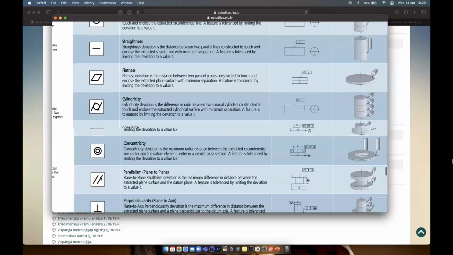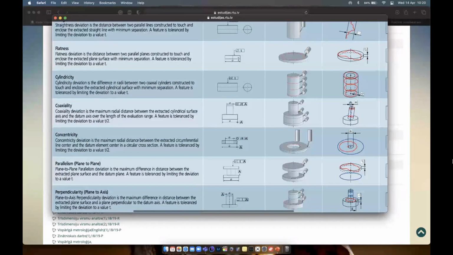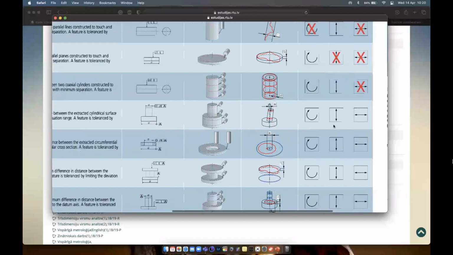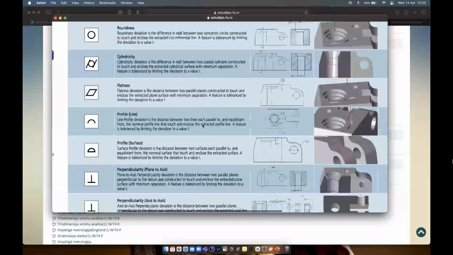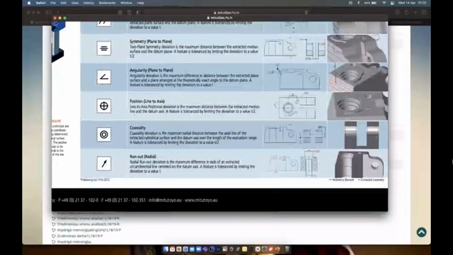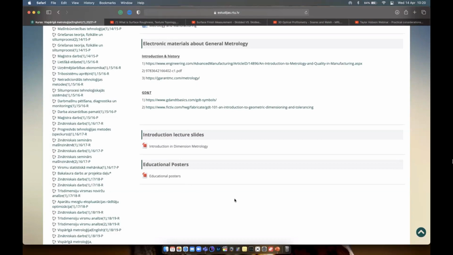And here are some schematic examples of how it's measured and how it's shown on a drawing. I think this is a nice thing to look at when you're preparing for an exam or my small test. They are free of charge, available here. Use them, look at them, and simply get smarter.